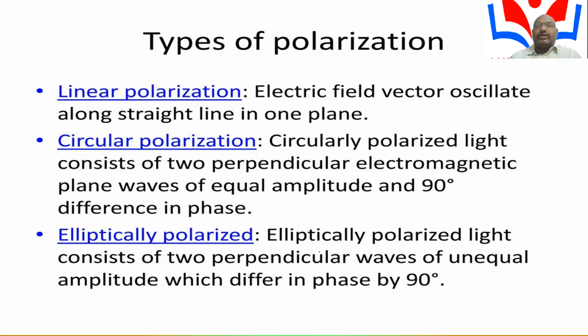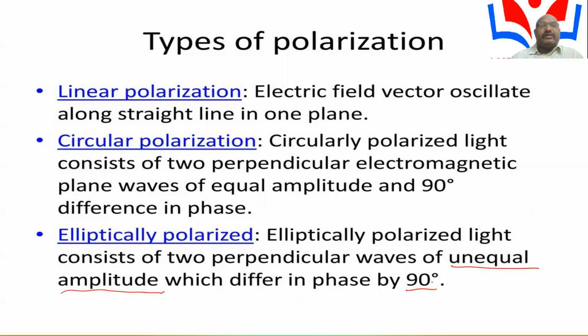Circular polarized light consists of two perpendicular electromagnetic waves of equal amplitude and 90 degrees difference in phase. That is called circular polarization. Elliptically polarized light consists of two perpendicular waves of unequal amplitude, which differ in a phase difference of 90 degrees.